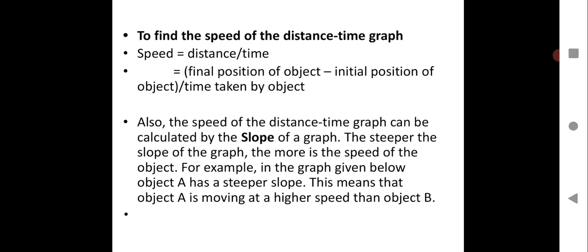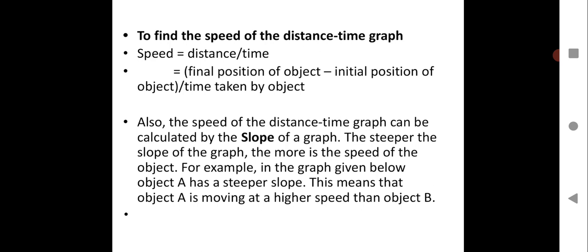The speed from the distance time graph can be calculated by the slope of the graph. That means by looking at the graph, you can interpret the movement of the object, uniform motion or non-uniform motion. The steeper the slope of the graph, the more is the speed of the object.